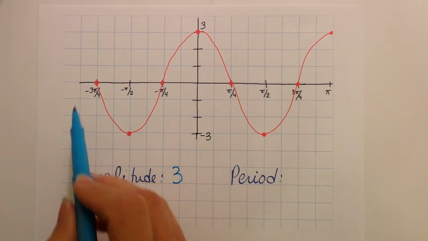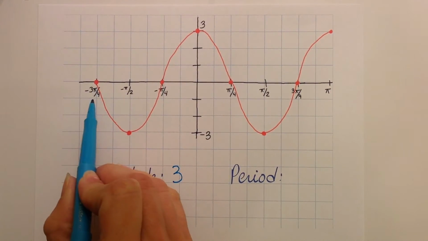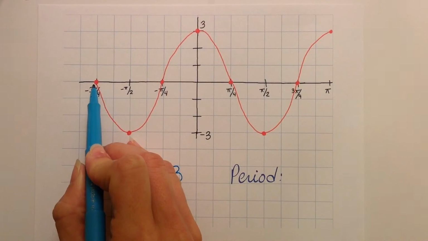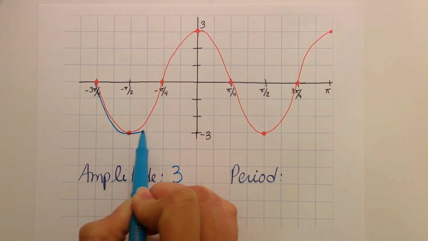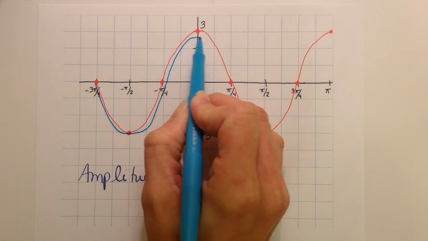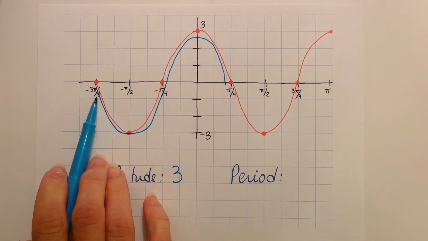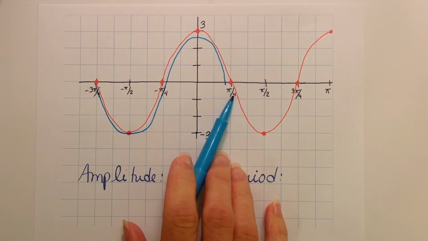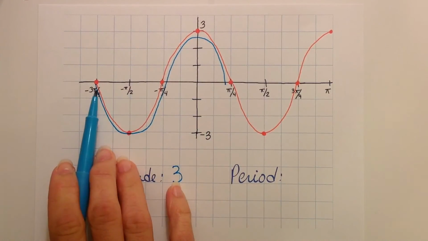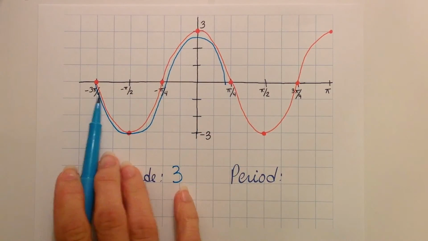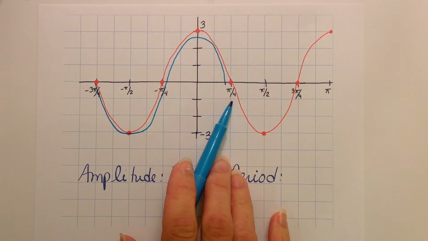So let's say, for instance, let's just start down here at -3 pi over 4. So if I take this valley, and then I take this hill. All right, so I'm starting at -3 pi over 4, and I'm going to 1 pi over 4. All right, so since they both have pi in the numerator and they're both over 4, that's going to make this a little bit easier.